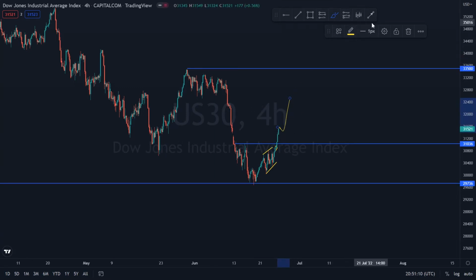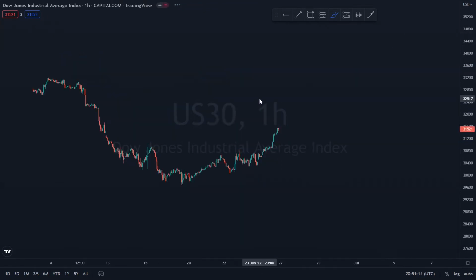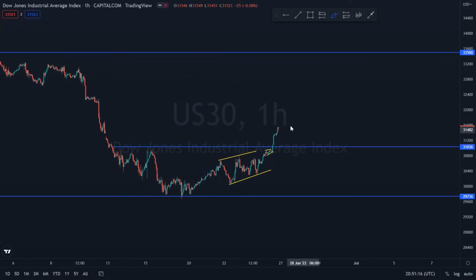So if we don't get that corrective phase, we'll get something like this, a bigger continuation pattern like this. Mostly there's one tip that always happens anytime price breaks away from a major level, a high value level, we break out. Then the next possible pattern that likes to form is a very tight flag.